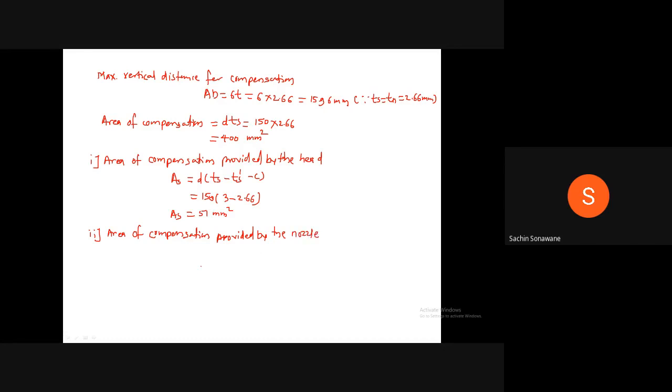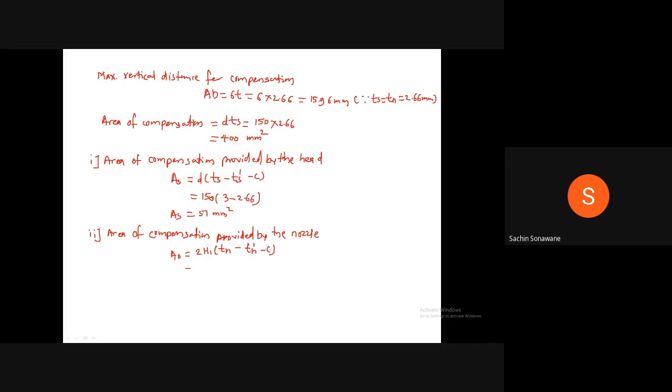Therefore, A naught is equal to 2 into H1 into Tn minus Tn dash minus C, where H1 is equal to height of effective compensation in branch wall external to vessel measured from outside surface of compensation height ring or vessel wall.